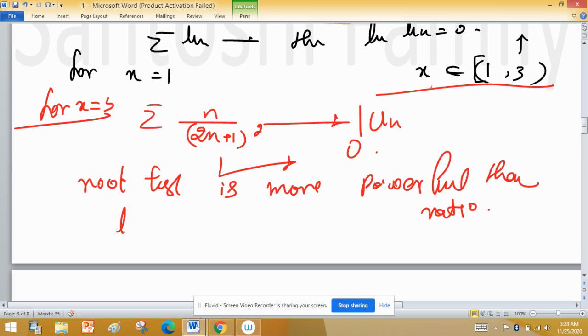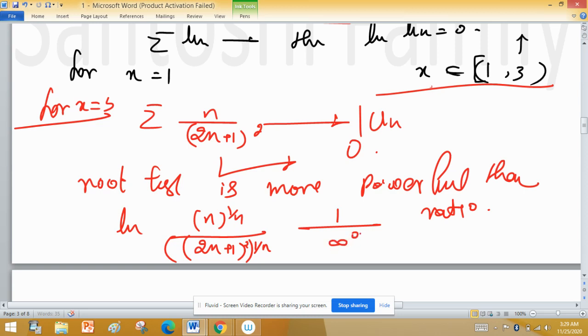We need to test the limit of un raised to the power 1 upon n, which is n raised to the power 1 upon n divided by (2n plus 1) raised to the power 1 upon n. We know the limit of the numerator is 1, and when n tends to infinity the denominator becomes infinity raised to the power 0, which is an indeterminate form. Whenever an indeterminate form comes, we need to apply L'Hopital's rule and do some extra effort.